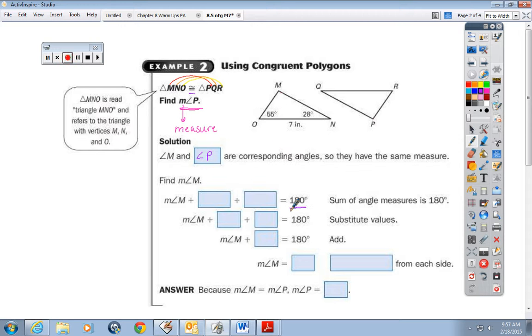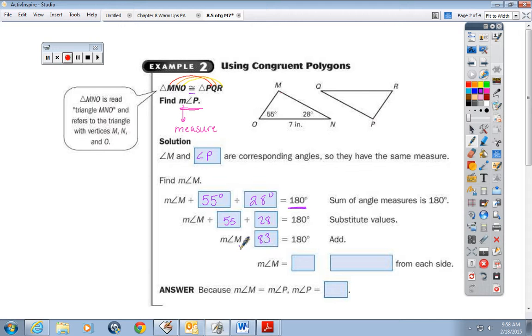So I know that whatever the measure of angle M is, plus 55 degrees, plus 28 degrees, is going to equal 180. So again, I know that I'm going to add 55 and 28. When I add those two together, I get 83. So now I'm asking, what number plus 83 equals 180?